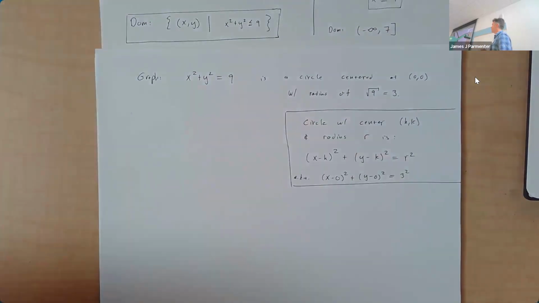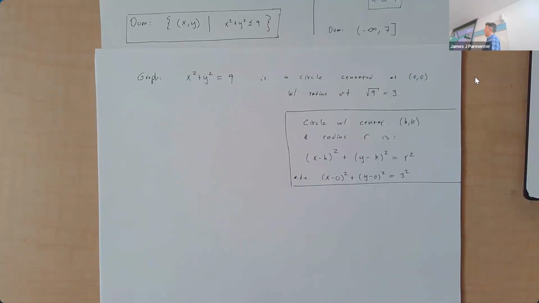Now, as far as how I'm approaching graphing this, I know that the actual domain is x squared plus y squared less than or equal to 9. Since it's a less than or equal to, I know I want to include the boundary, because any point on the boundary satisfies the inequality, which means I'm going to draw it as solid.